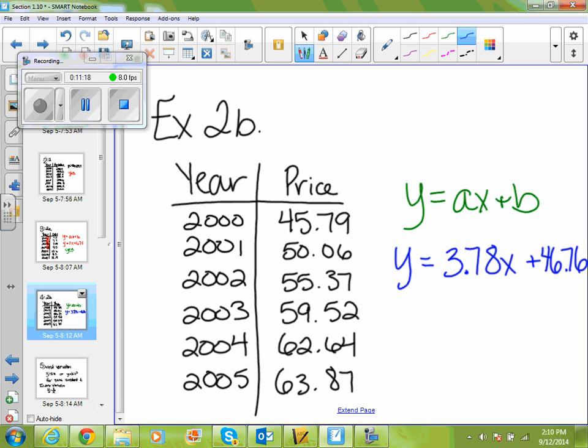Is that what everybody got approximately? Okay, so let's plug that into our y equals screen so that we can compare this line to our graph.